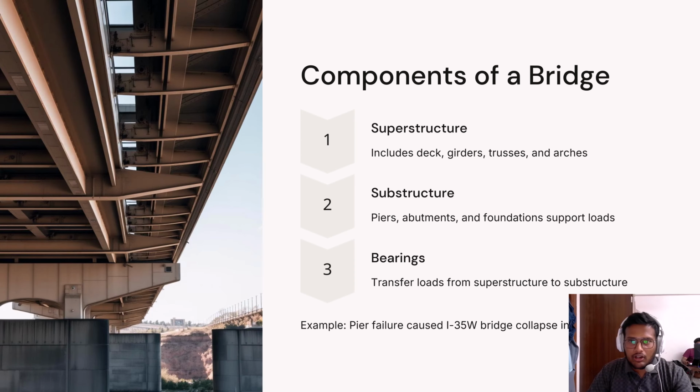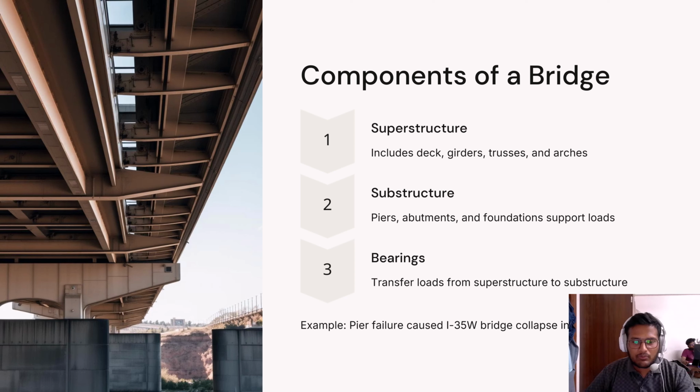Next is components of a bridge. Let's break down a bridge into its parts. First is the superstructure, which you see as the deck, girders and trusses that carry the load. Second is the substructure, including piers and abutments that transfer the load to the ground. And third are the bearings, which act as a mediator between the superstructure and substructure.